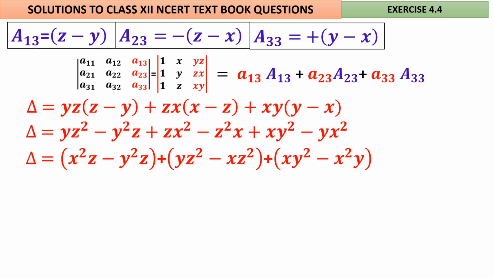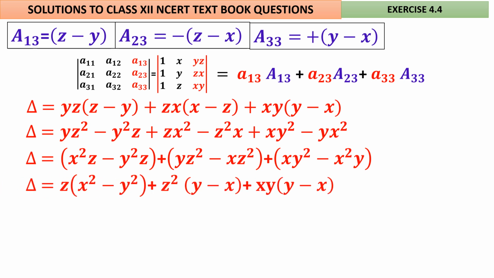So that something can be taken common, and for factorization, z is taken common, z square is taken common, xy is taken common, and from all the factors you can take x minus y outside. From the first one, x square minus y square is x plus y into x minus y, therefore z into x plus y. The second one is minus of x minus y, therefore minus comes outside.